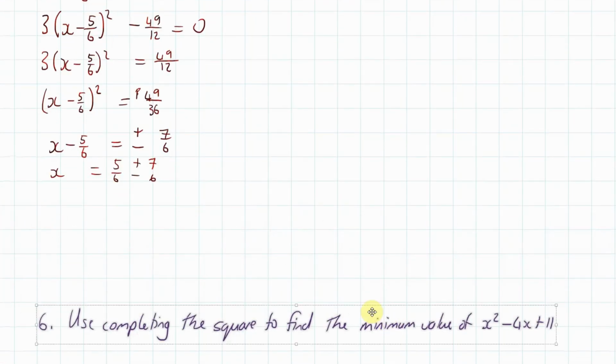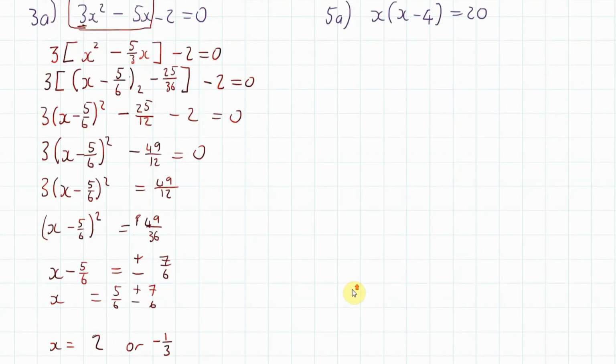We'll get x is equal to 12/6, which is 2. Or if we take away the 7/6, we'll get negative 2/6, which is negative 1/3. So 5 plus 7 is 12. 12 over 6 is 2. 5 minus 7 is negative 2. Negative 2 over 6 is negative 1 over 3, or negative 1/3.